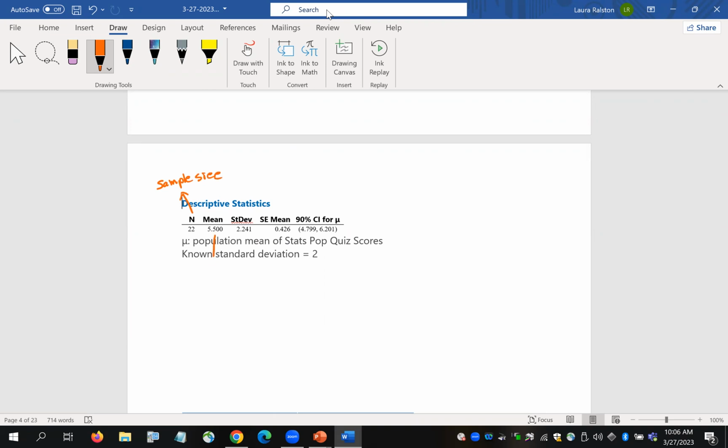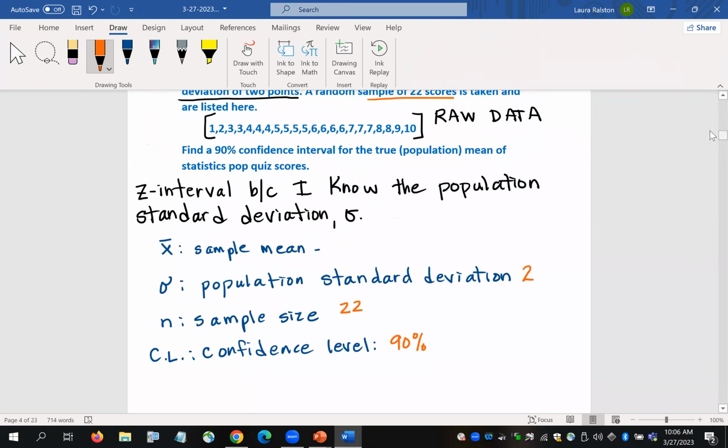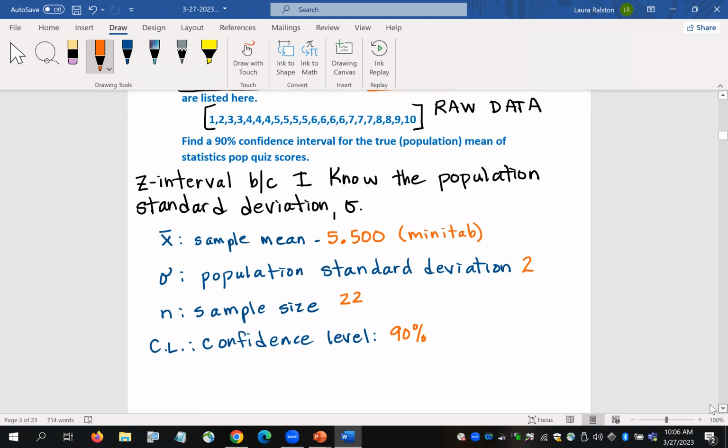It does now give me the sample mean. So if I had been asked that question earlier, I can now go back and tell you that the sample mean is 5.500. That's given in Minitab if I need it.